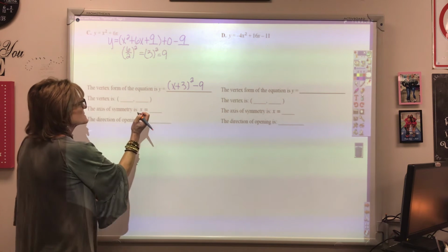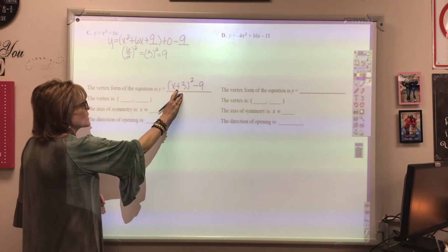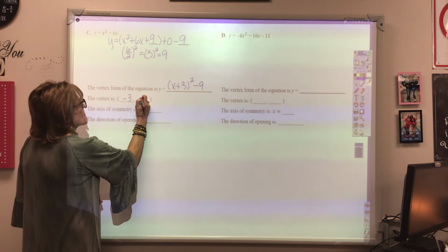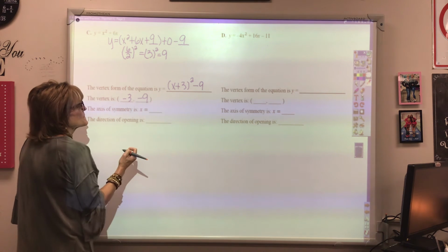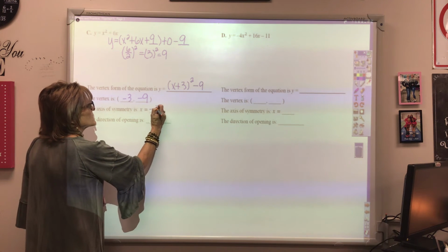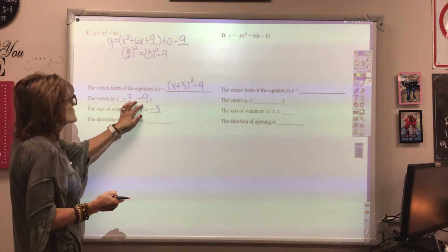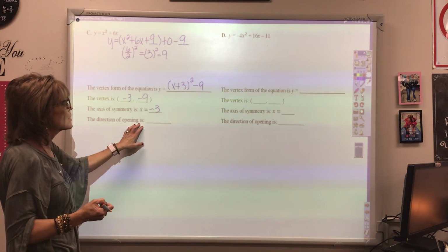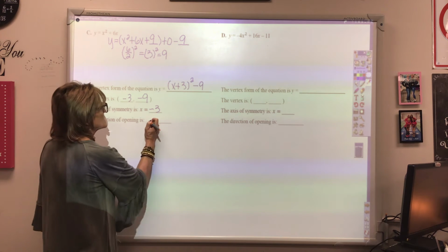So our vertex is, and it's always the opposite, so it's at -3, -9. The axis of symmetry is x equals -3. And don't let this confuse you. Notice that this is positive, so the direction of the opening is still going to be up.